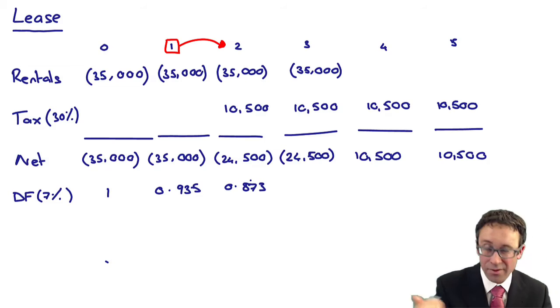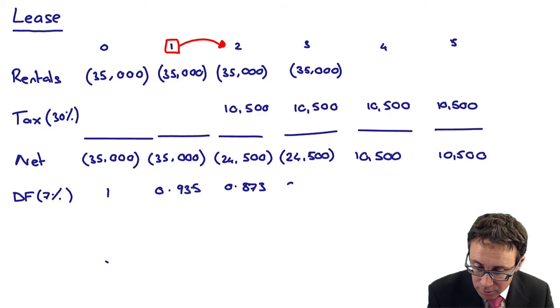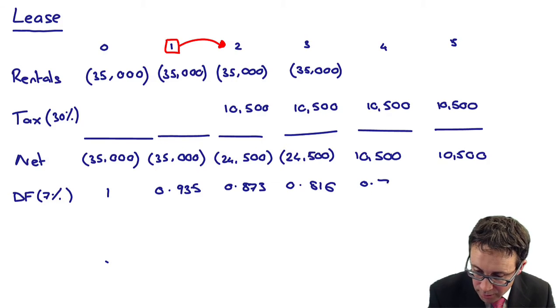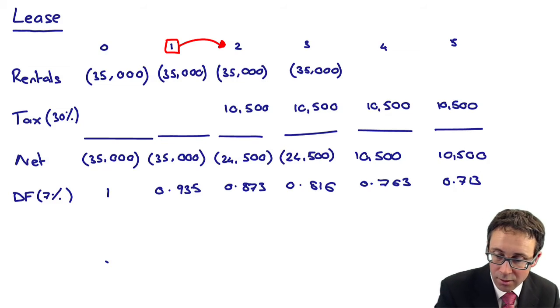0.935, 0.873, just taking them straight from your tables. 0.816, is it 0.763 and 0.713.